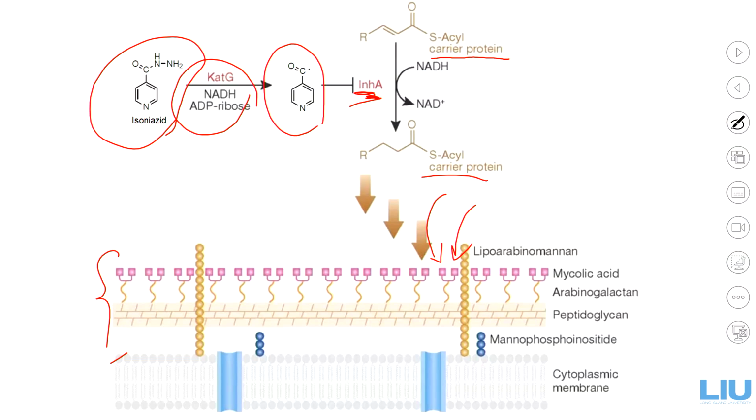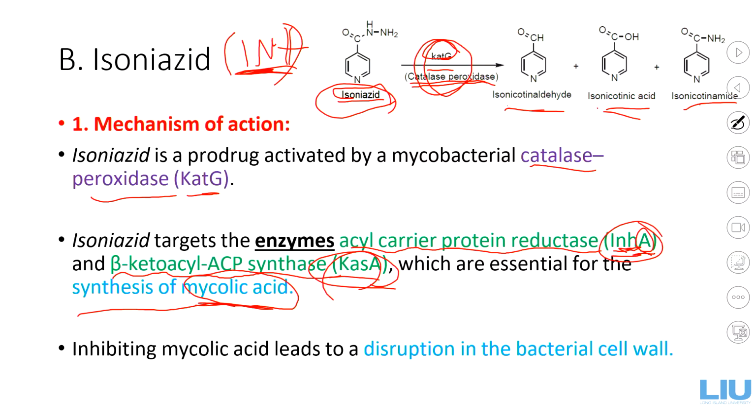So would that be selective based on the mechanism of action? It's very selective, right? Because we don't have mycolic acids in our body. We don't have a cell wall, obviously, so we don't have those enzymes. All three enzymes are present only in the mycobacteria, so that's very selective.